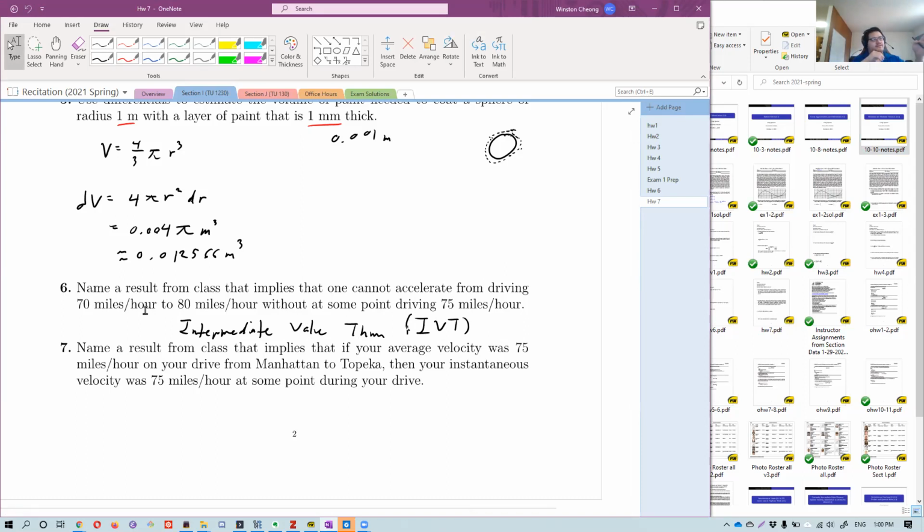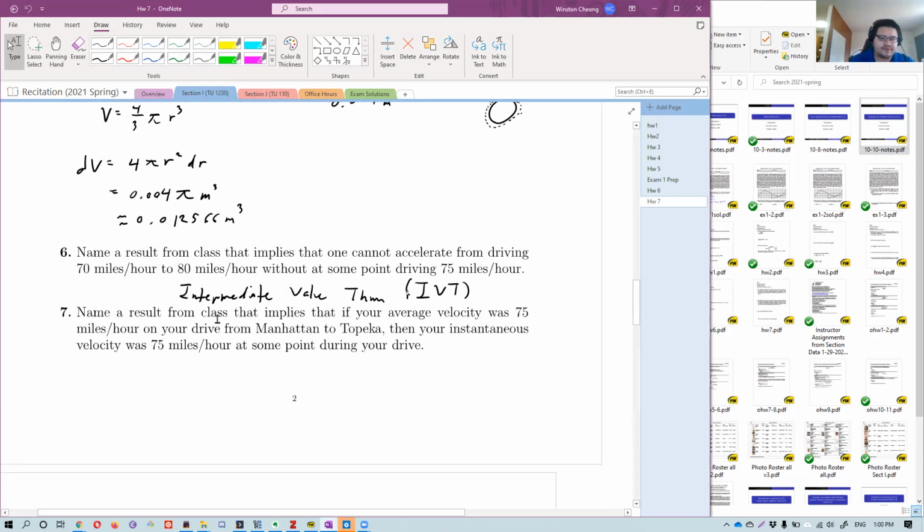They're using acceleration in the English sense, not really the mathematical sense. So yeah, 70 to 80, at some point your velocity must have been 75, just because velocity is a continuous function. You can't just jump from one velocity to another without going through everything in between. And 75 is an intermediate value, right? Hence the name.